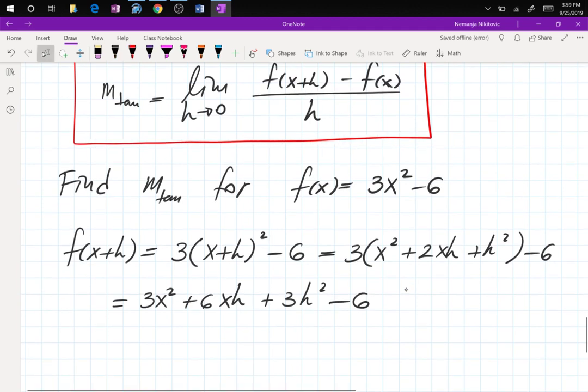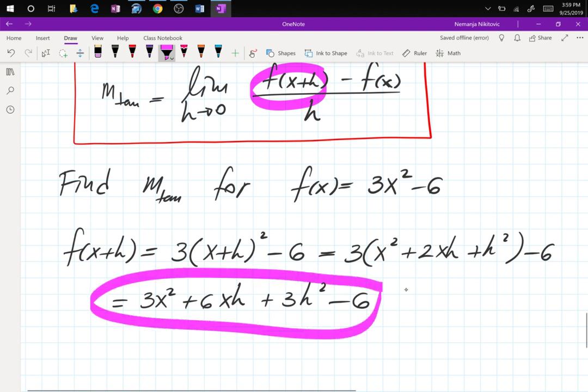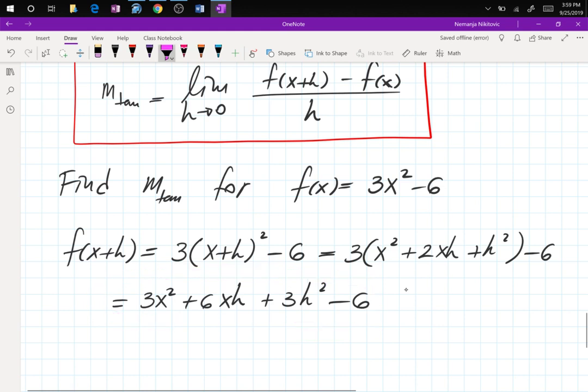And now you have your f of x plus h, which is this mess, and you have your f of x, which is the original problem. Therefore, we can plug everything into the formula and just run through the limit, and we're done.